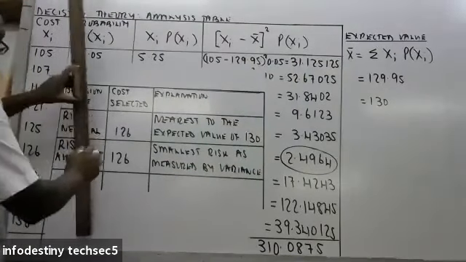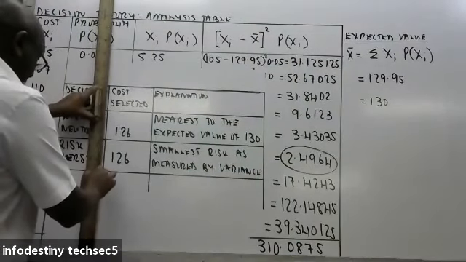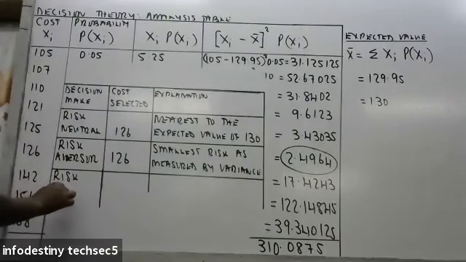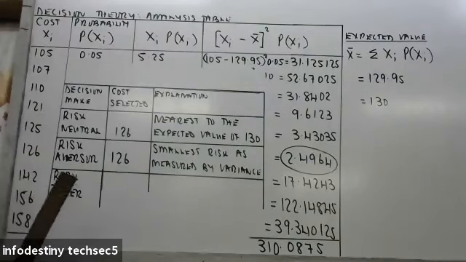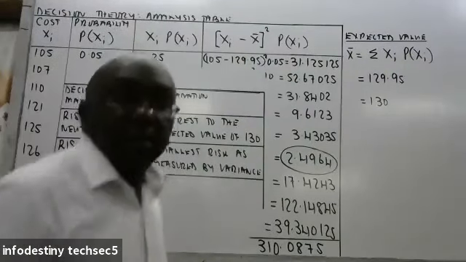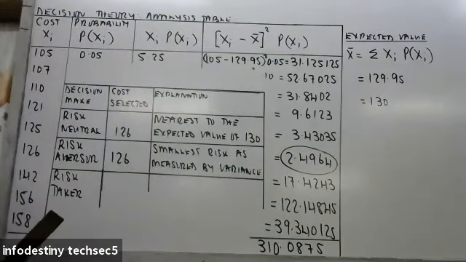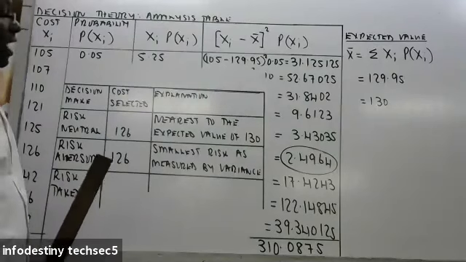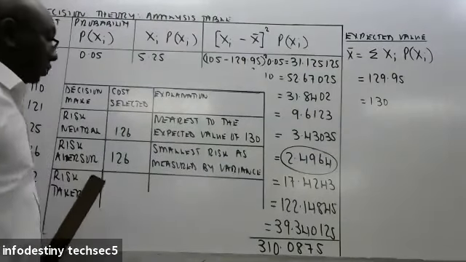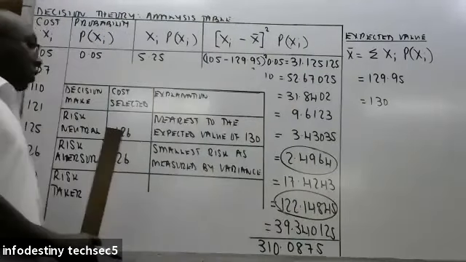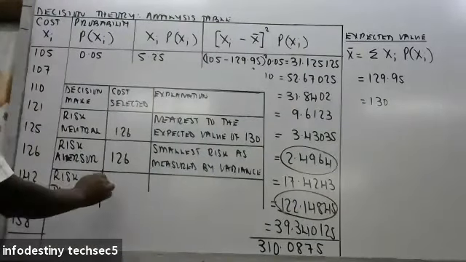And then finally, we have this other guy who is called risk taker. Now, risk taker will be going for the highest. They are the fellows who go for the highest risk. So of all these, the one with the highest risk is this 122. So 122 is the one for 156.